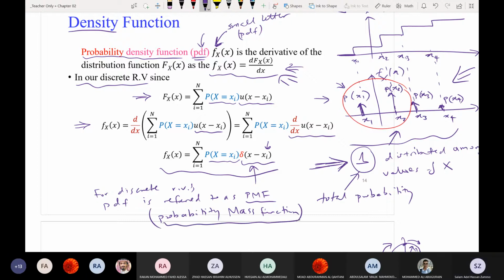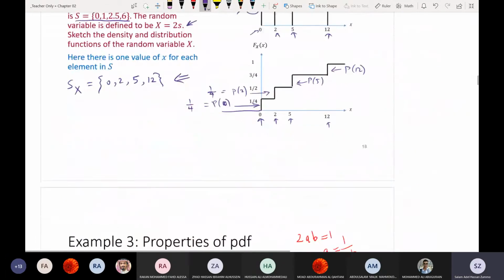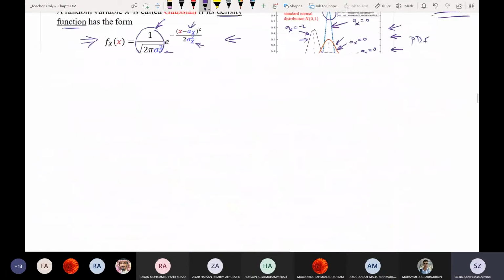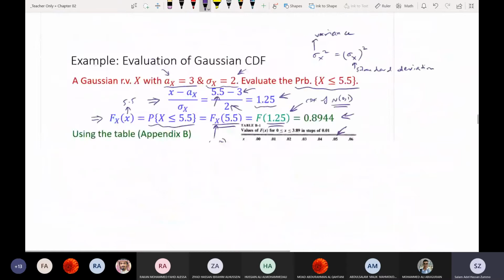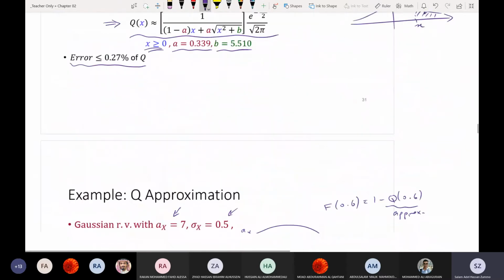Why? Because it's a series of deltas, and it shows how the total mass of probability equal to 1 is distributed among the different values of x. So this is a well-known name, just for your information. When you hear the word PMF, it means the PDF of a discrete random variable.